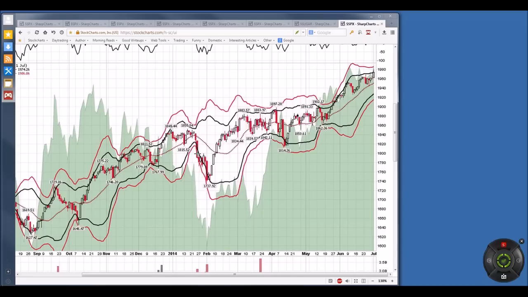Touches it once there, through it, tests it from below there, trading through it, tests it from above there, tests it again from above there, goes through it again, Bollinger Band punch, touches the 3SD again. If you touch the 3SD the first time on a decline, you're going to be fairly close to a rally. Touch it again, chances are you're nearing a significant low. The second touch is the key.